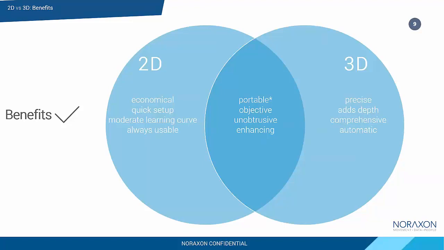And then finally, 3D systems tend to be a bit more automatic in their operation. So generally for some of the 3D motion capture systems, the optoelectronic systems, the IMU systems, the markerless systems, they tend to offer the motion analysis data automatically.